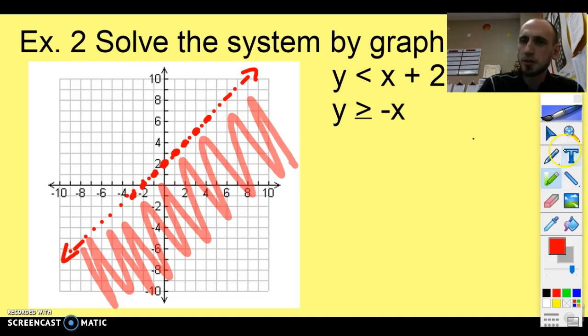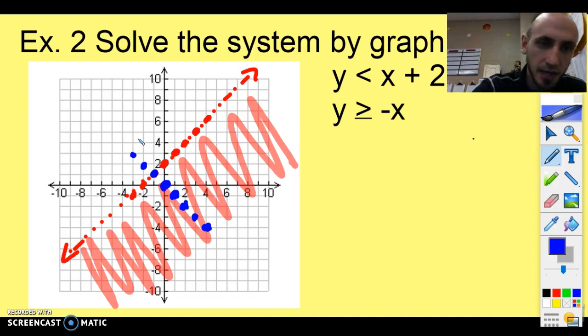Now y is greater than or equal to negative x. So I'm going to graph my boundary line. That'll be blue. At 0, 0. I put a dot here at 0, 0, and then I'm going to do what? Right? Down 1, left 1, yes. Or up 1, left 1.